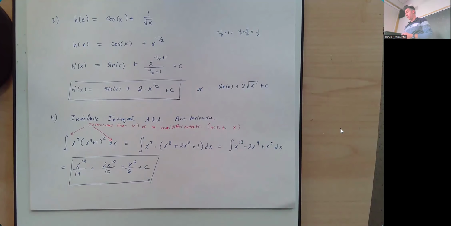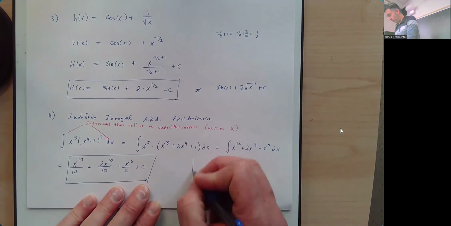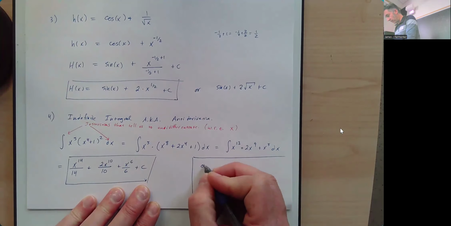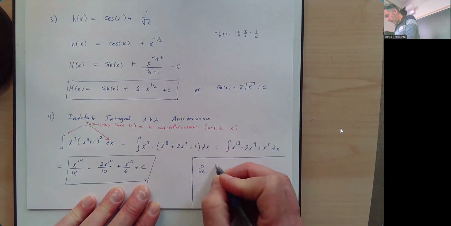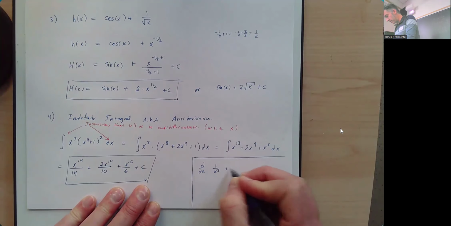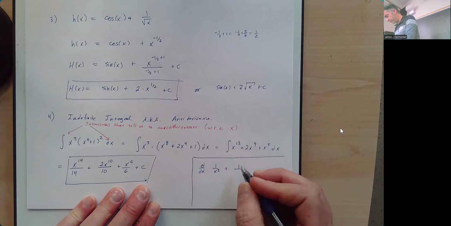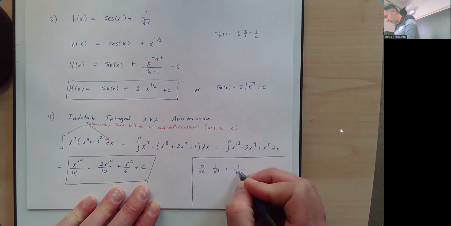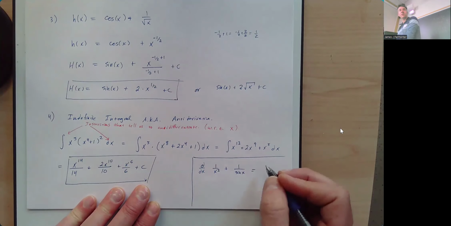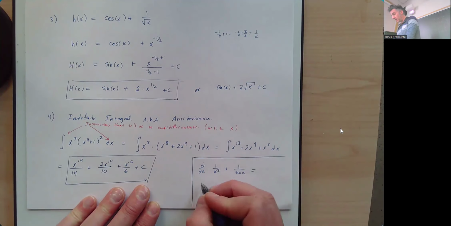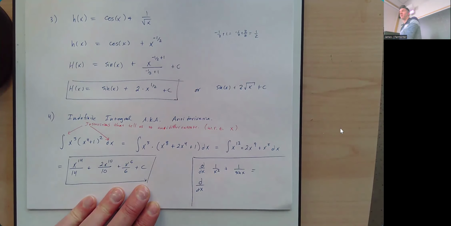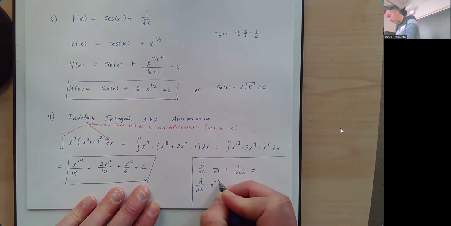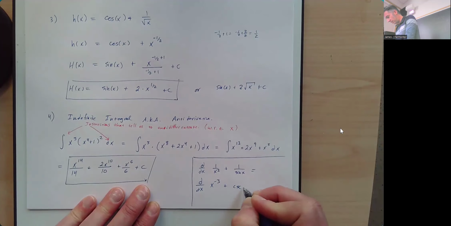Just like if you were to see me take a derivative of something, like say the derivative of 1 over x cubed plus 1 over, sure, sine of x. Before I took the derivative, I would rewrite it, still writing the instruction that tells me what to do, because I haven't done what the instruction told me to do yet, of x to the negative third plus cosecant of x.